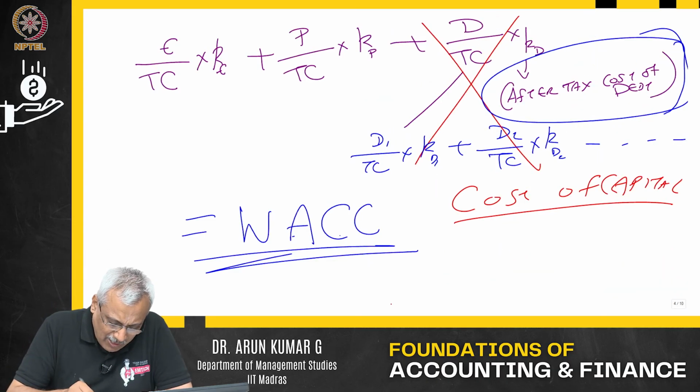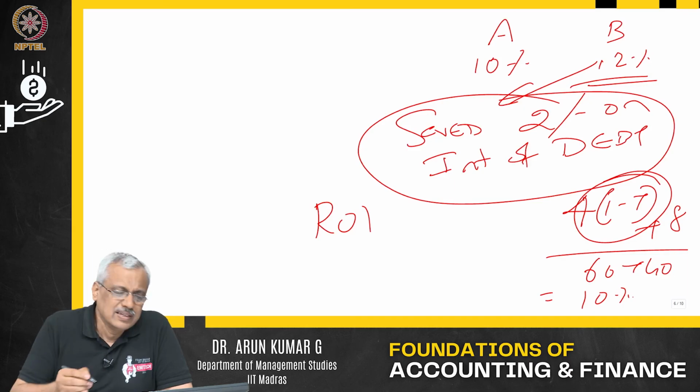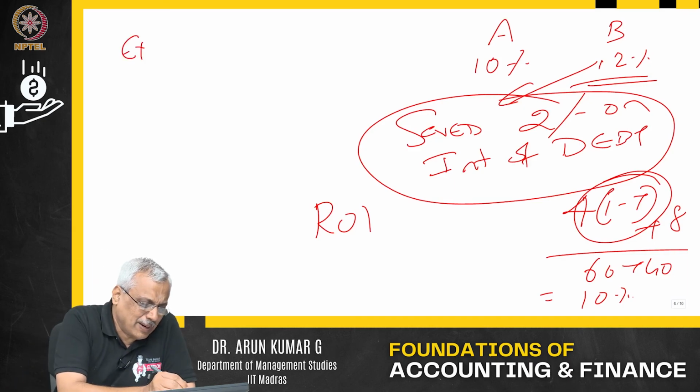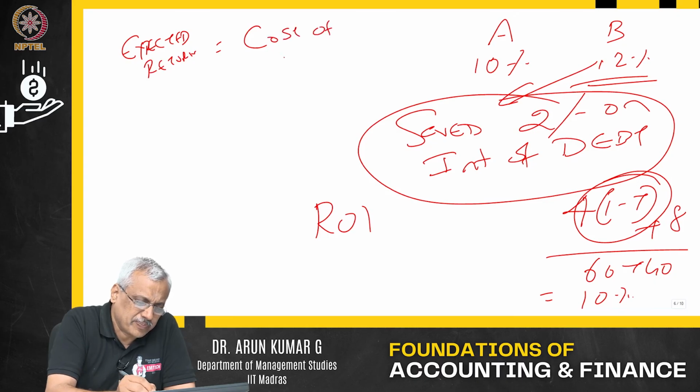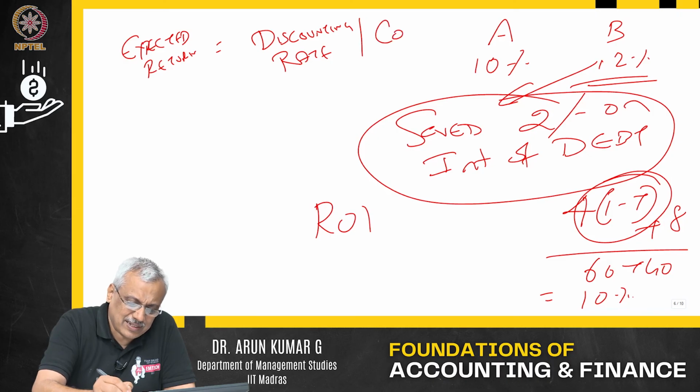Let us come back. Now, let us go back to this. We say that expected return is equal to cost of capital, or I won't say cost of capital, let us say expected return is basically going to be the discounting rate, or our asset cost.